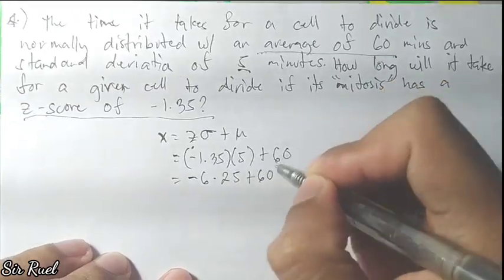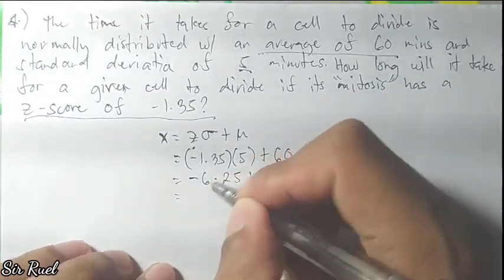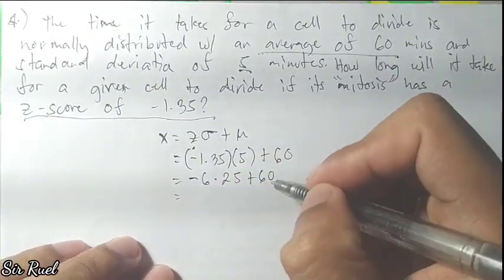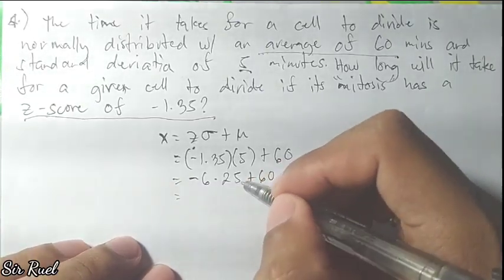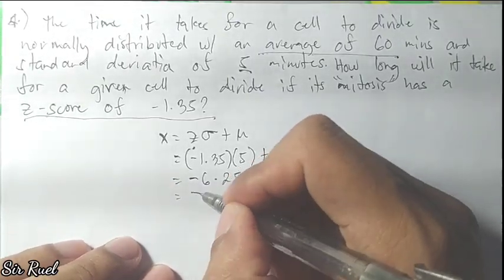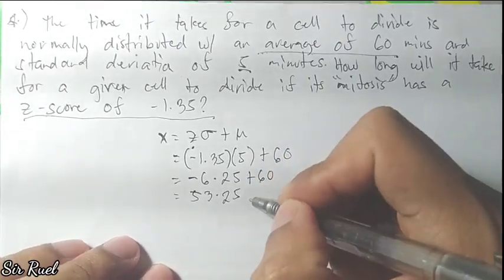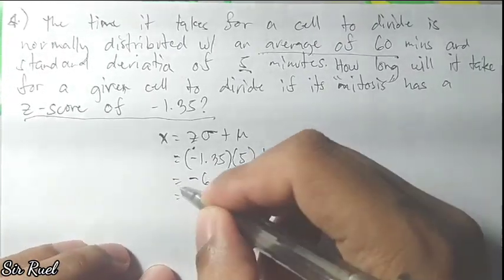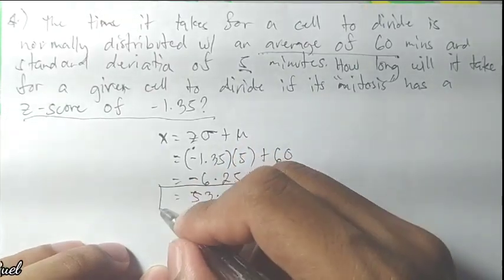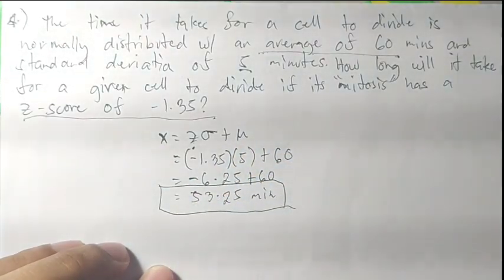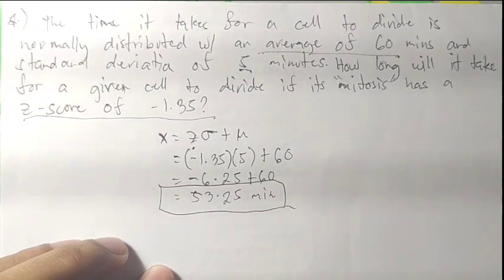Plus 60, dahil unlike sign, magsusubtract tayo, 60 minus 6.25 is 53.25 minutes. Ibig sabihin, it will take 53.25 minutes for a given cell to divide.